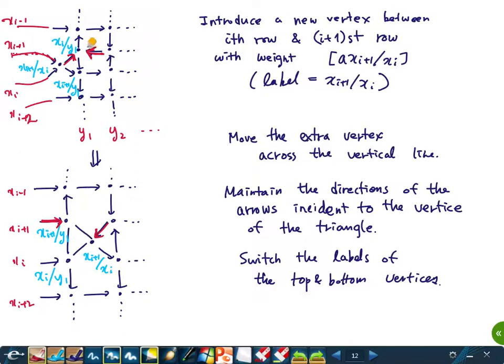That's what I meant by maintaining the directions. But I haven't decided yet the orientation of this triangle. I'm talking about that later. I just changed everything here to this. I just maintain the arrows incident to the vertices of this triangle, except the edges on this triangle. Is this clear how I obtained from here to here?